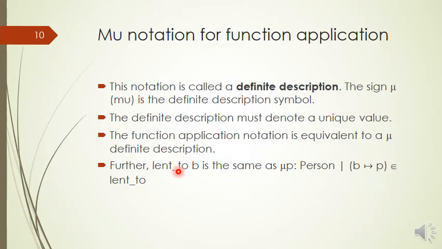So we associate mu with the output type person, and this is basically a mu representation for the output value whenever we pass an input value as an argument to function length2.